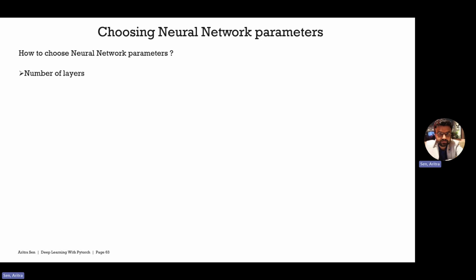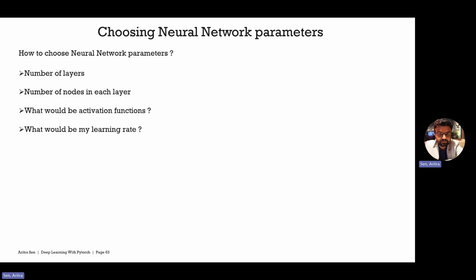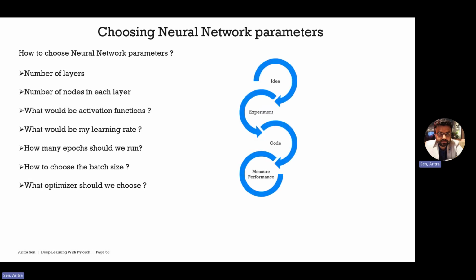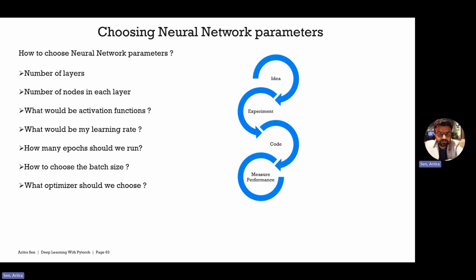So you might already have these questions: how will we choose the number of layers, how will we choose the number of nodes in each layer, what would be the activation functions, what would be my learning rate, and a few other things like how many epochs should I run, what would be the batch size, and what is an optimal optimizer for training my neural network model. All these are questions you might be having at this point.